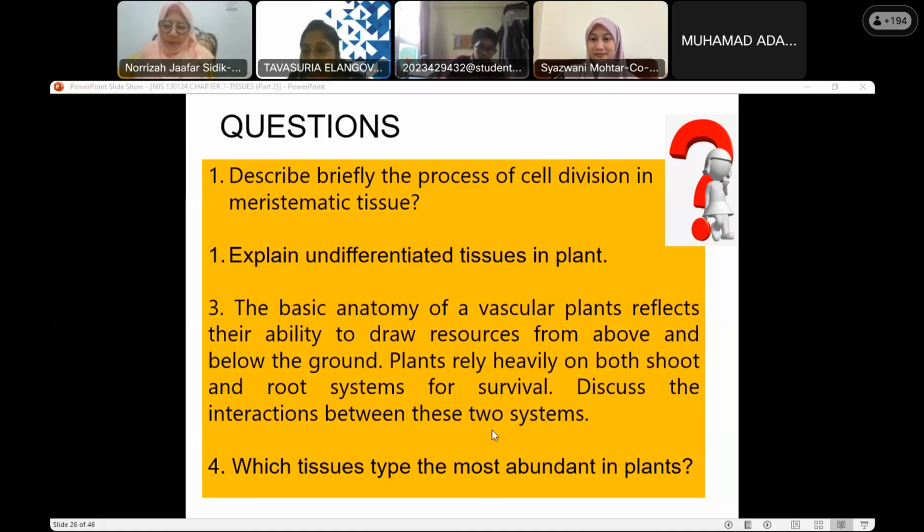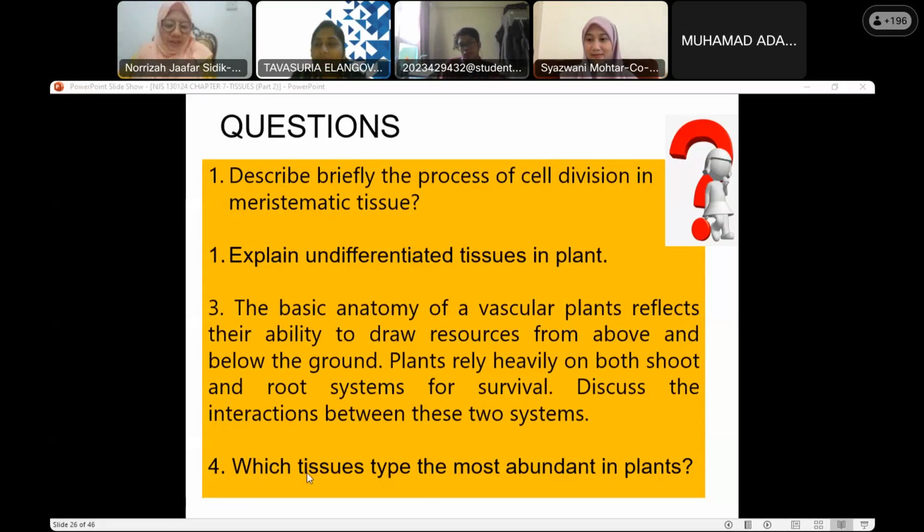Muhammad Aiman said the shoot system supplies products of photosynthesis to the root, while the root system supplies the nutrients to the shoot system. Okay, good. At least you have answered the question.